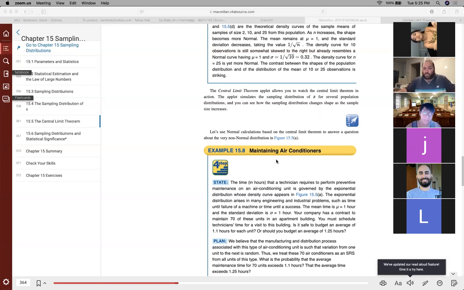So the question is, what is the probability that the average maintenance time for 70 units exceeds 1.1 hours? This is what we're looking for: the probability that the average time, T average, is greater than 1.1.